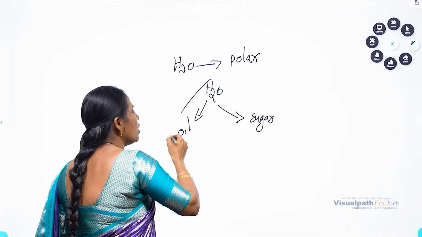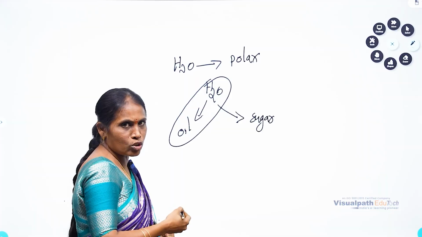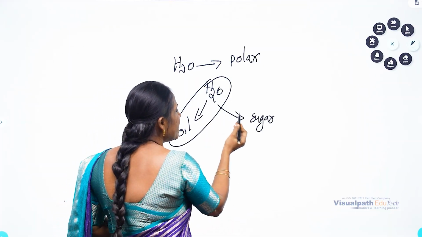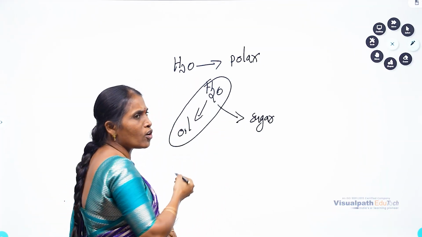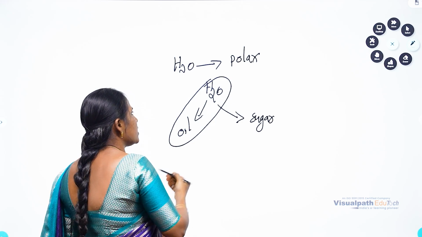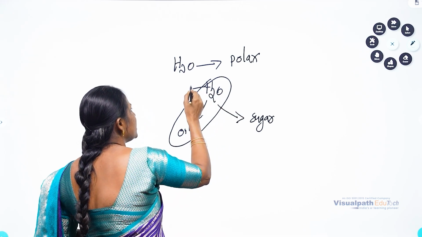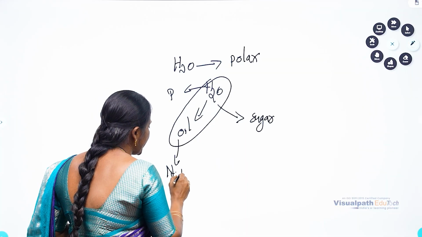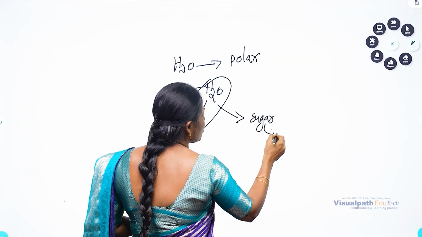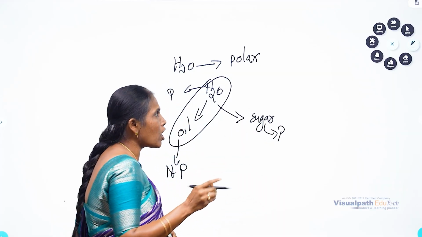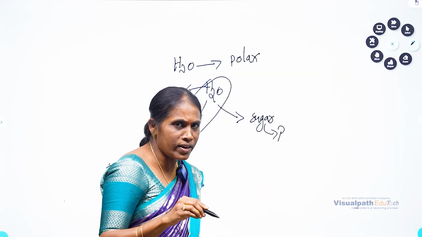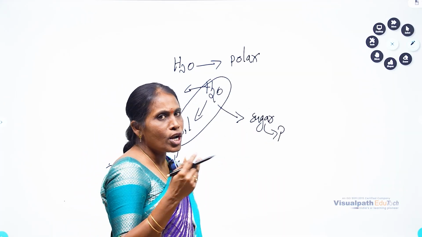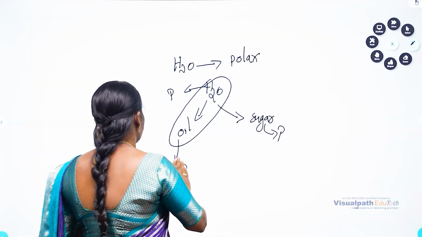These two are not ready to dissolve. But the sugar easily dissolves in water. Why? Because water is polar in nature and oil is non-polar in nature. Sugar is also polar in nature. So polar compounds dissolve in polar solvents and non-polar compounds dissolve in non-polar solvents.